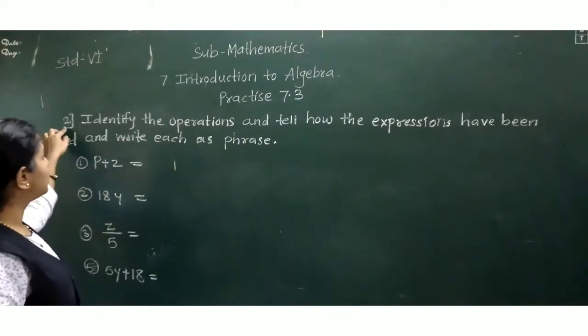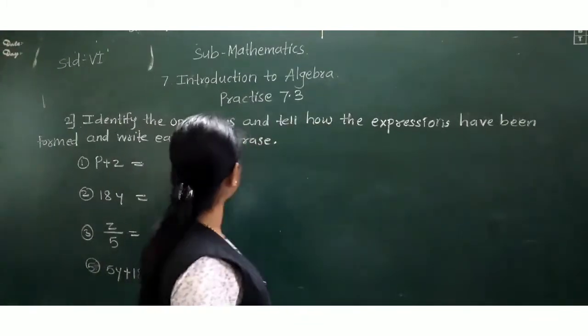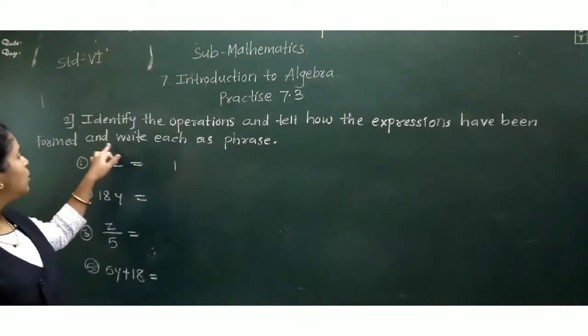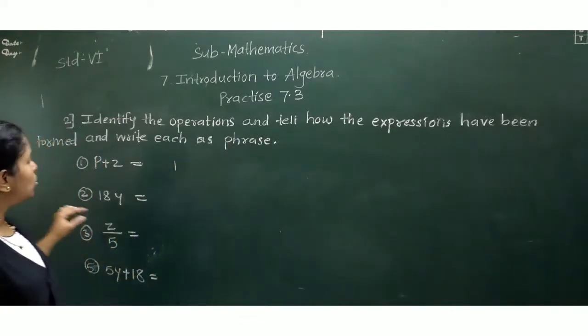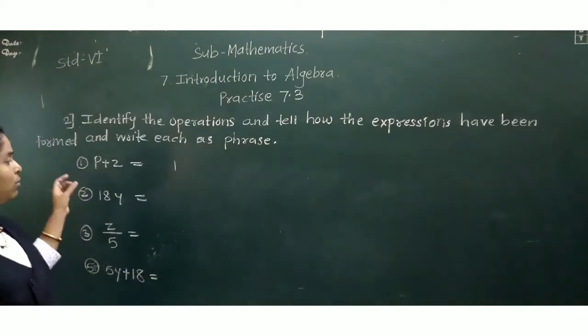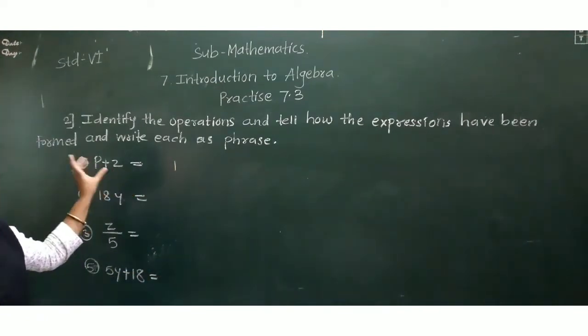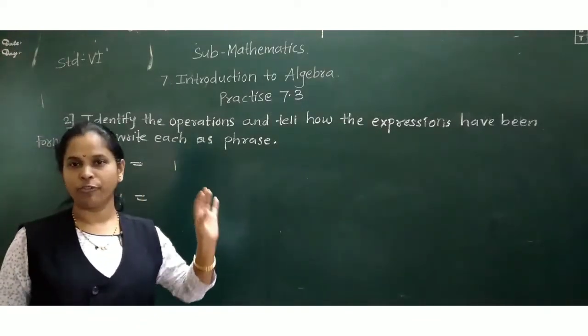Question number 2. Identify the operations and tell how the expressions have been formed. Write each one as a phrase. So here we have to see which operations are used, and write the algebraic expression in the form of a phrase.